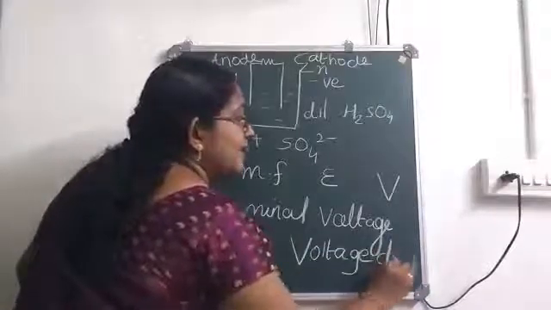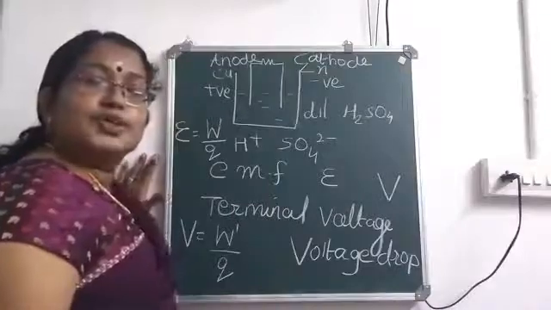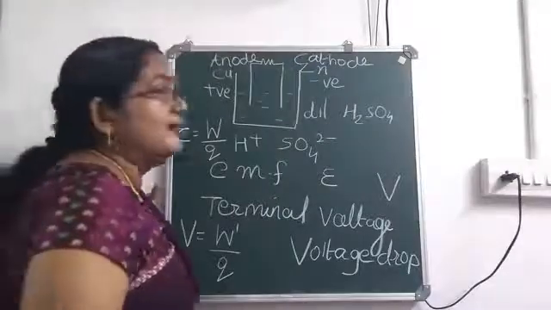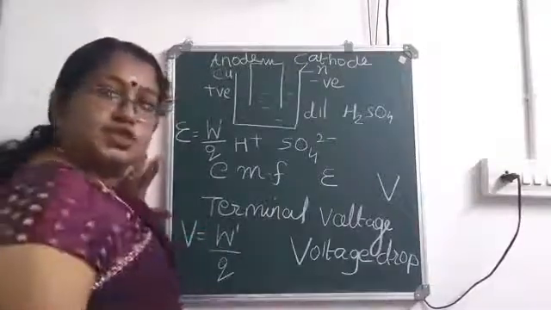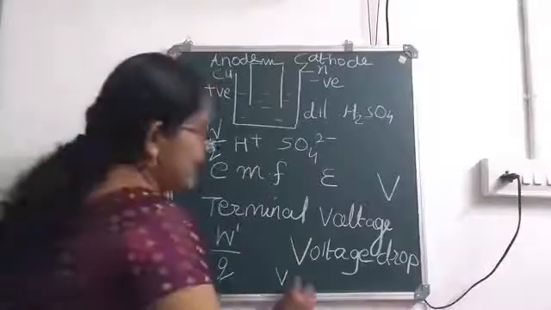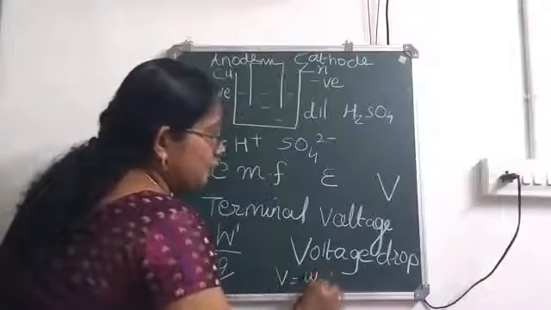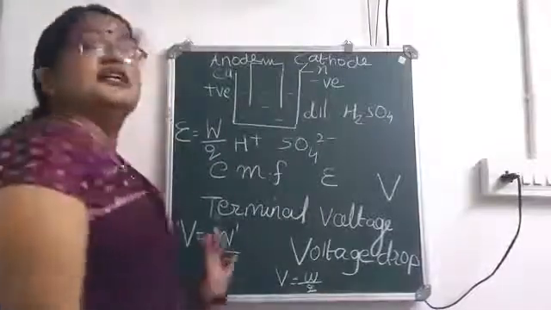It is represented by small letter v, and here I'll write small w by Q. So this is the third thing, that is voltage drop.